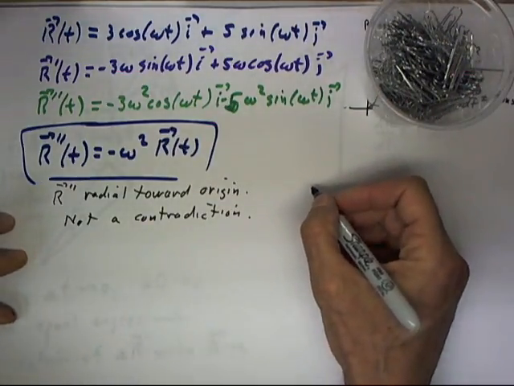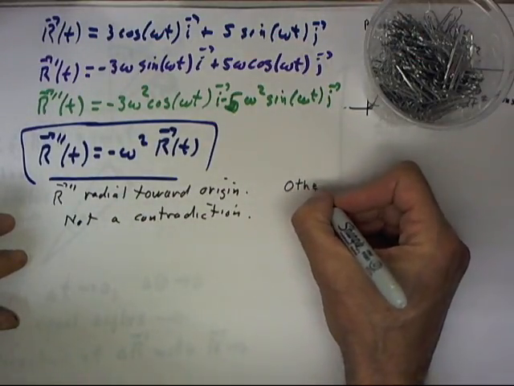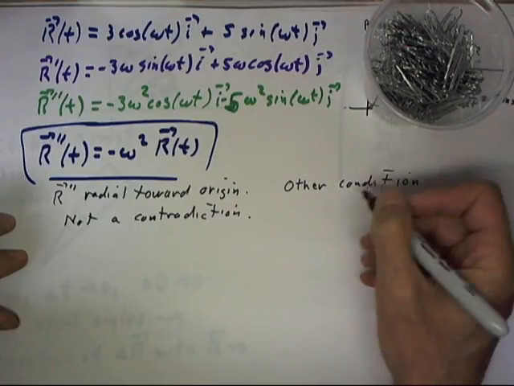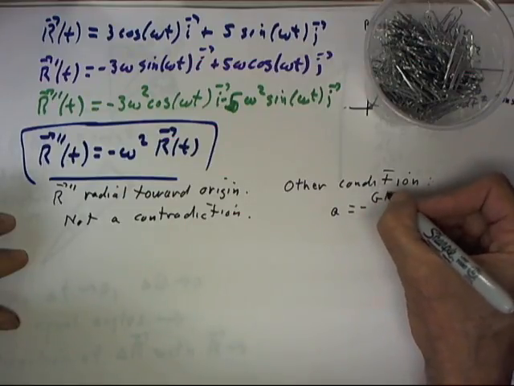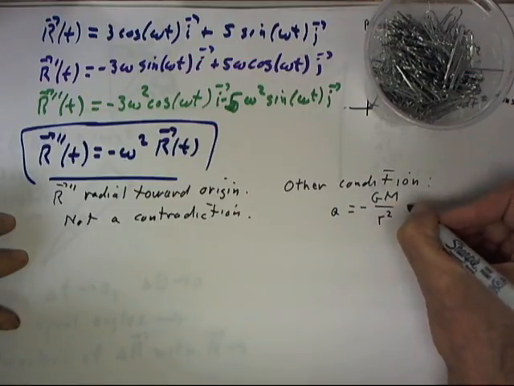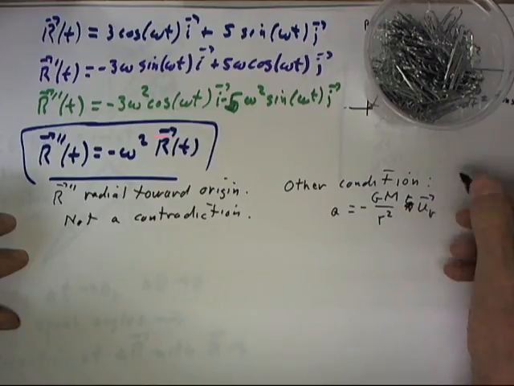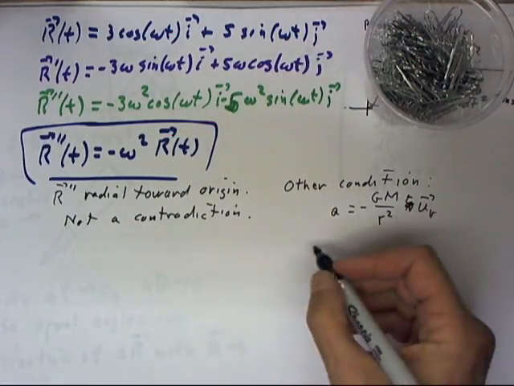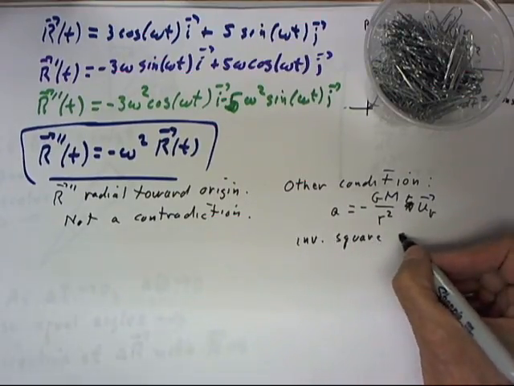Well, the other condition was that the acceleration be negative G M over r squared times our radial vector, and that's not r, that's u sub r. I'm not going to bother to blot that out. Inverse square condition.